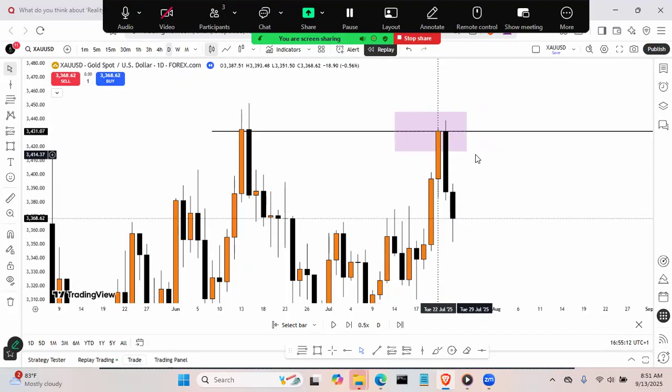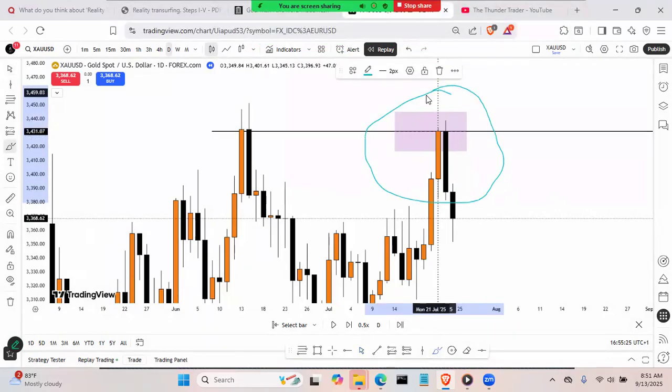Inside that place, you can decide to go down to a lower time frame to get more details. Now, what we're actually trying to do is that in this rejection, we want something that would signify to us that the market has reversed: a break of structure to the downward side.